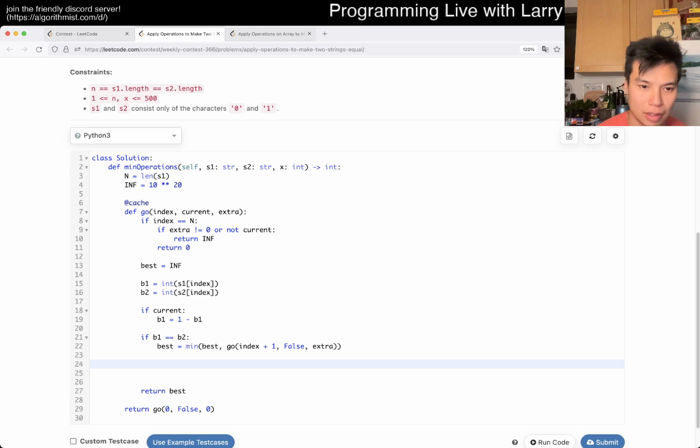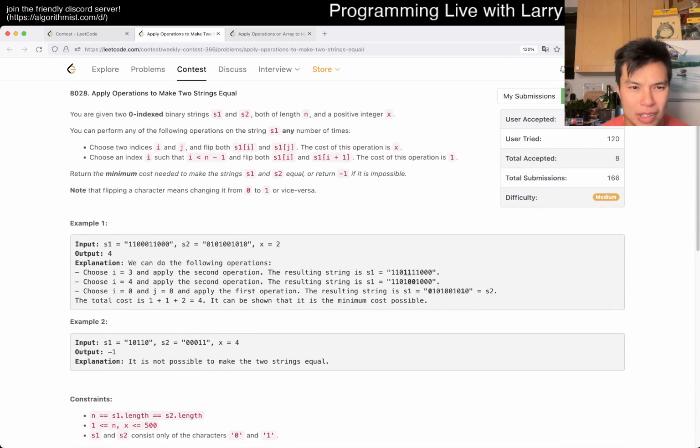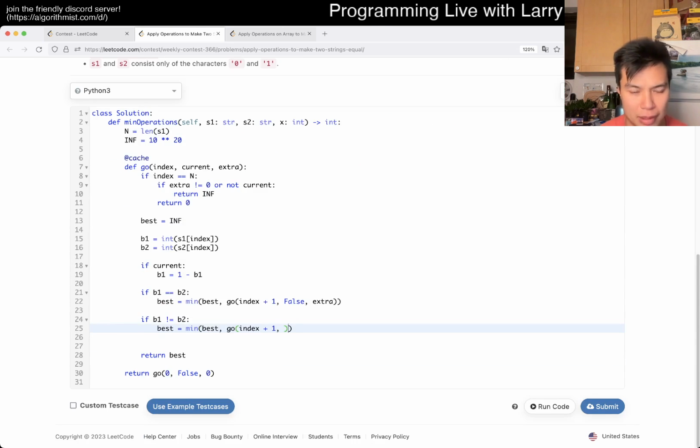Okay. Otherwise, we want to do the +1, right? But only if they're not the same, right? Because otherwise you can't do it now. Well, I guess you could do 2 operations, but that seems suboptimal. So maybe I'm wrong with that one.